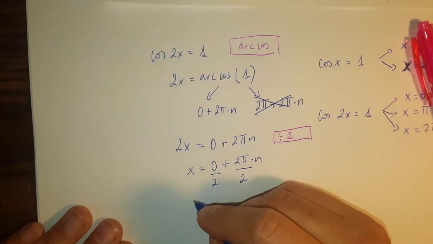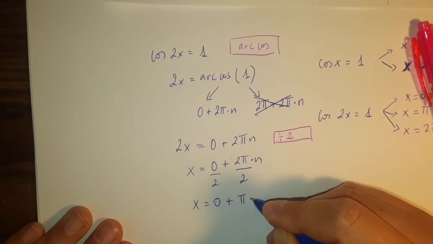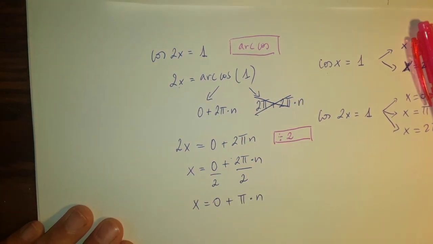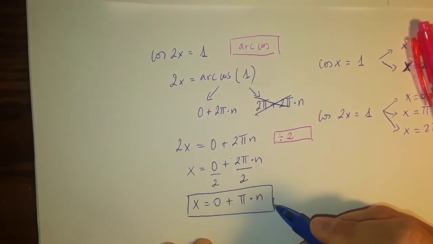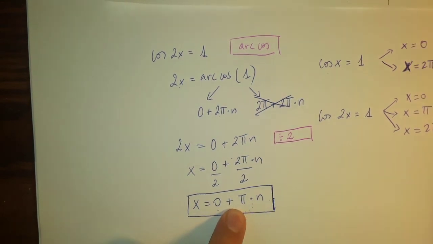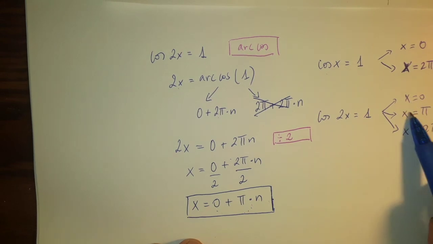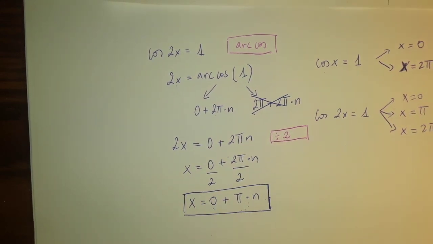So this is going to be 0, and this is going to be pi times n, right? So as you can see, now the frequency, I get the answers double, because I get the answers every pi, as we saw in here, right? I hope it helps. We're gonna go for a more difficult one next video.